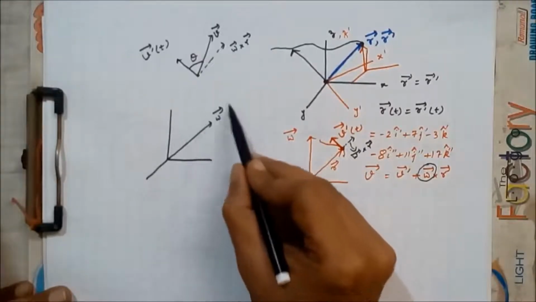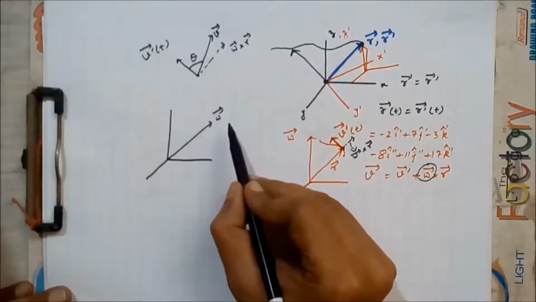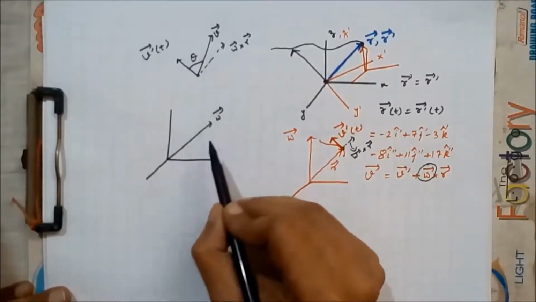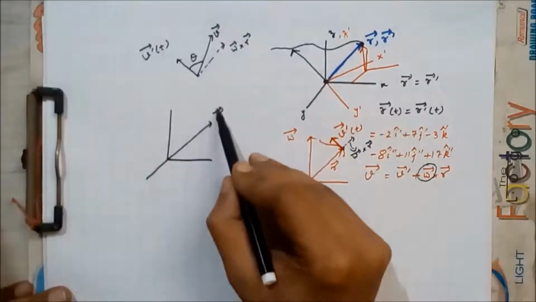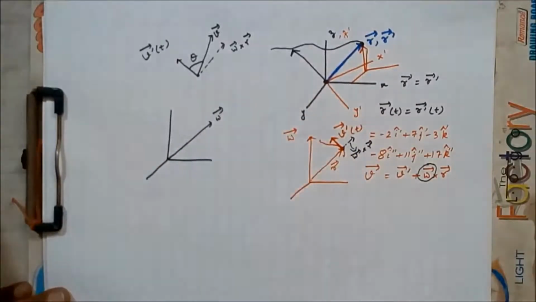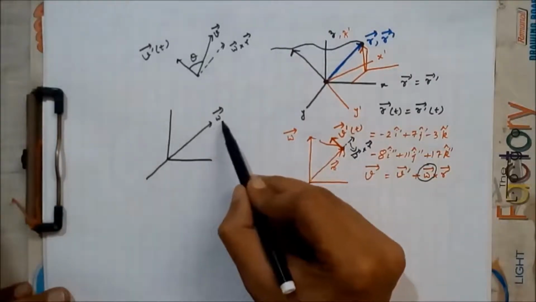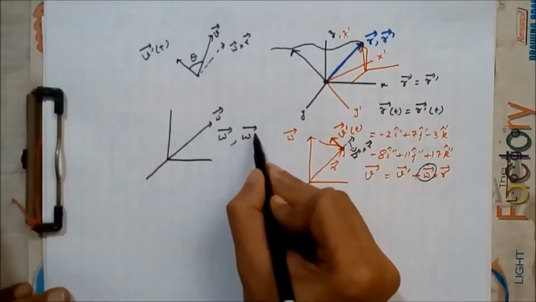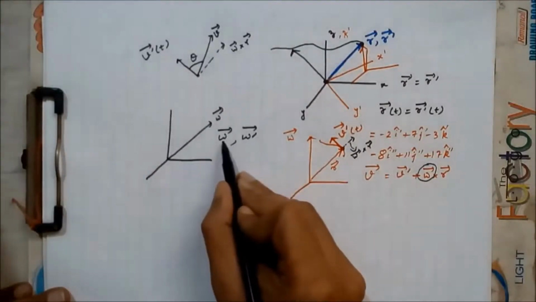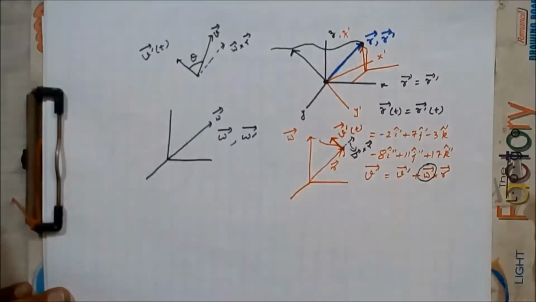That is, it will have different components along the different axes and also a different orientation. However, from the different frames of reference, I will still be describing this very vector. So in all frames of reference, if I write that the description of omega in some frame of reference is just omega, and in a different frame of reference it's omega primed, obviously omega and omega primed will be equal because I'm describing that same vector.